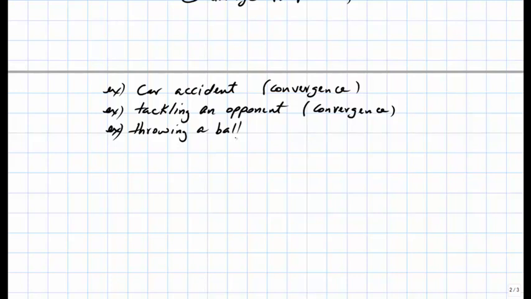The arm and the ball separate as a result of the arm throwing the ball, and therefore this is an example of divergence. Another example of a collision is catching a ball. And of course, that's a convergent event.